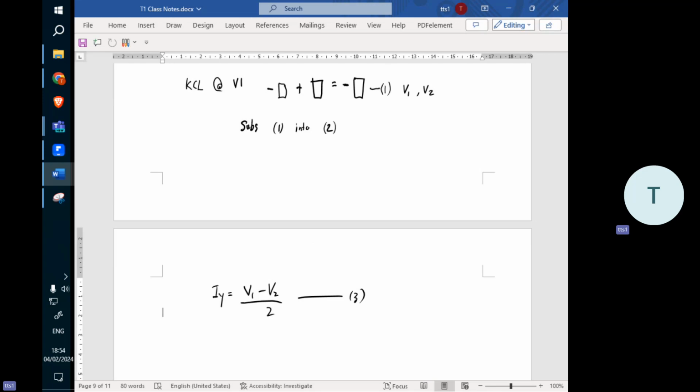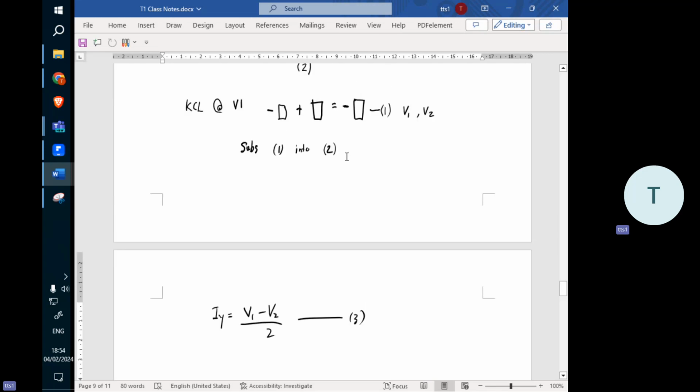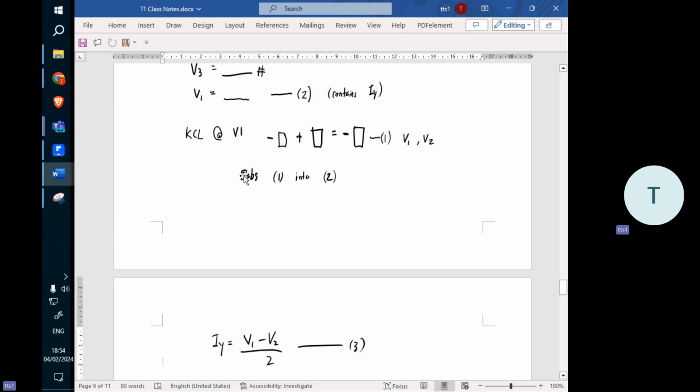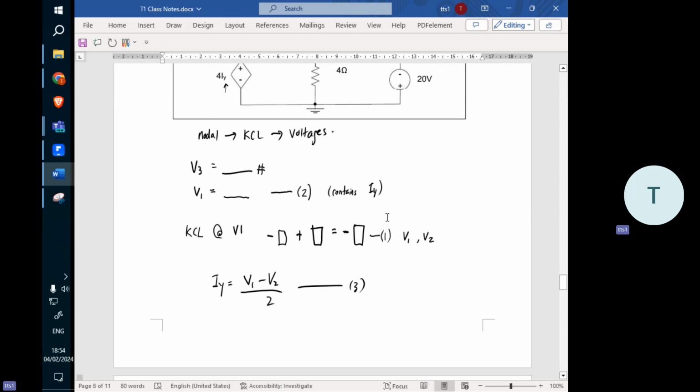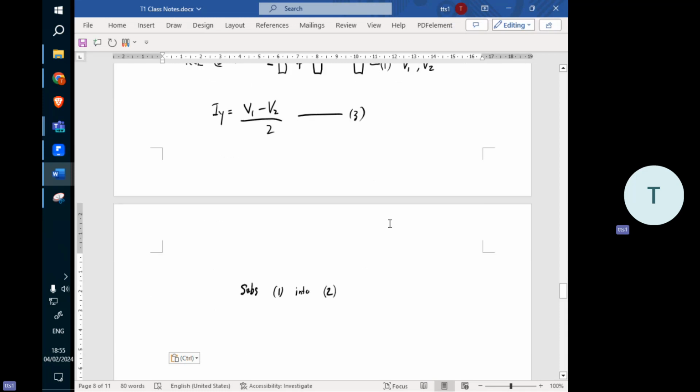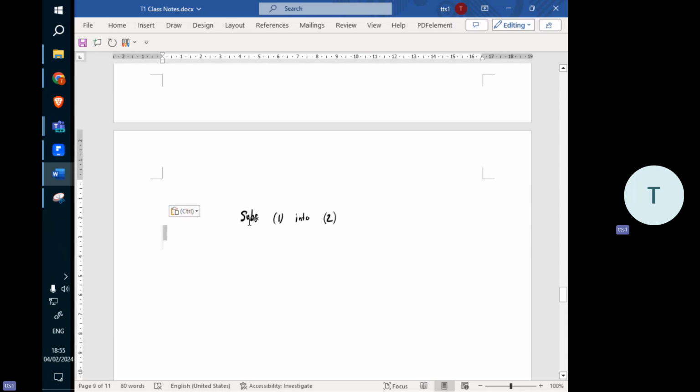Okay, let's substitute the equation into number 2. Now you substitute 1 into 2. Let's copy this. So 1 is this. Wait a minute.